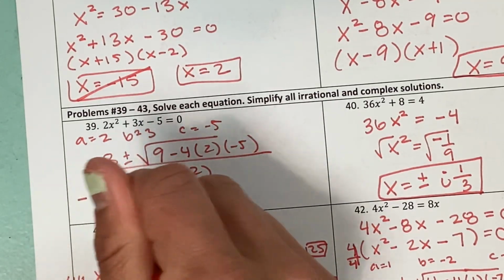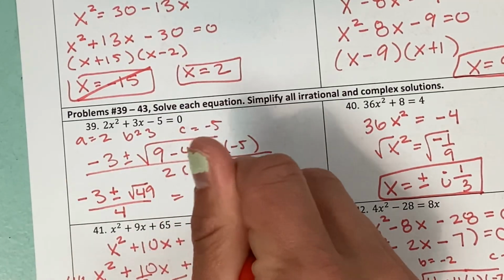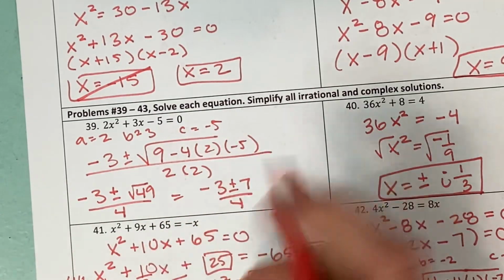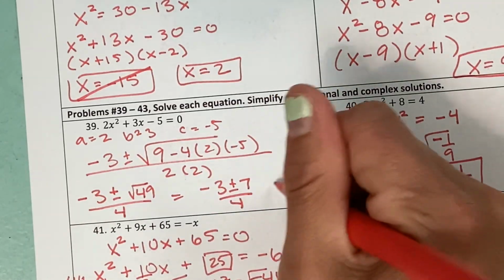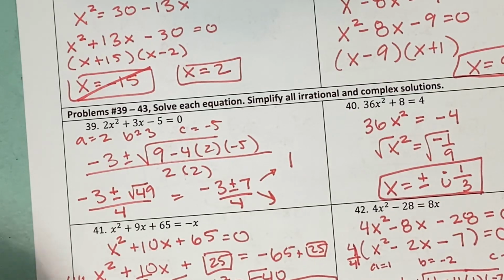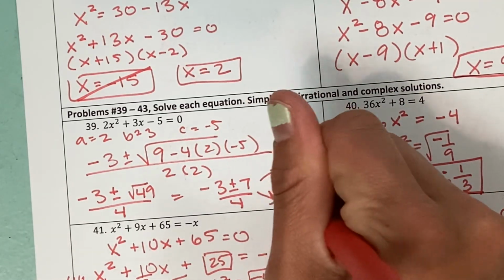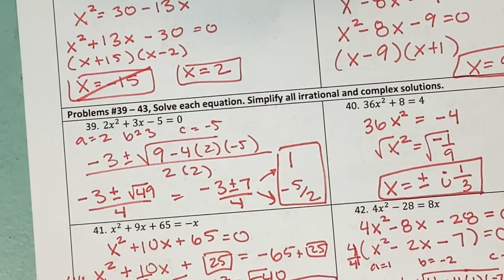Oh, that was factorable. That's okay. Okay, so -3 plus or minus 7 over 4. So -3 plus 7 is going to be 4 over 4 is 1. And -3 minus 7 is going to be -10 over 4, which reduces to -5/2. You also could factor that one and do bottoms up.